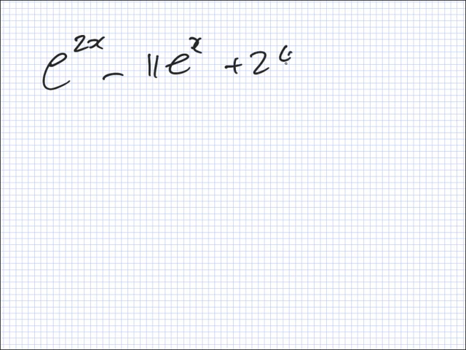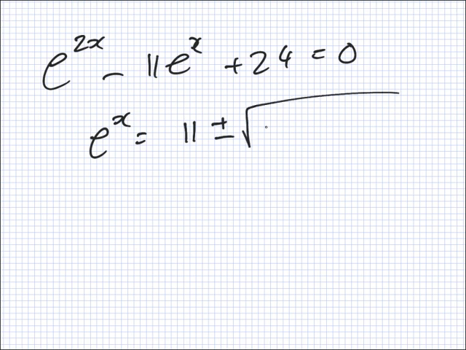Right. Solve e power 2x minus 11e^x plus 24 equals 0. It's a quadratic where the variable is e^x. So e^x equals minus b plus or minus square root of b squared minus 4ac all over 2a.